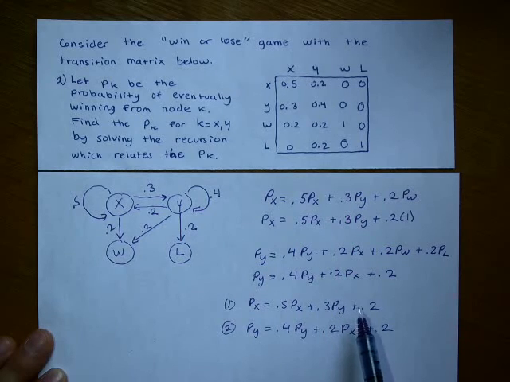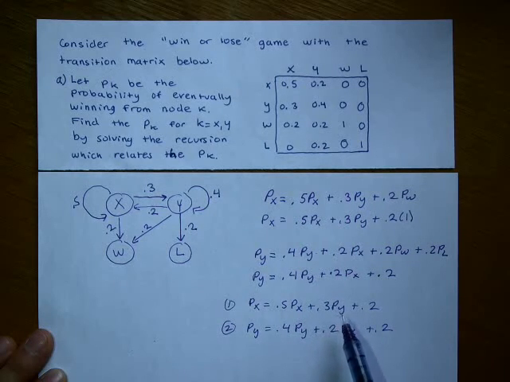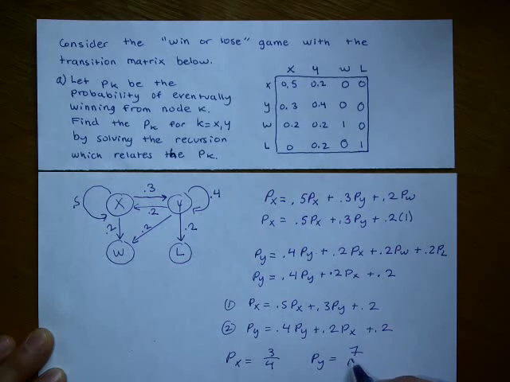So what you can do is isolate one of the variables and substitute it into the second equation and just solve for each. And if you do this, you should end up with px is equal to 3 over 4 and py is equal to 7 over 12. So these are the probabilities of eventually winning starting on node x and starting on node y.